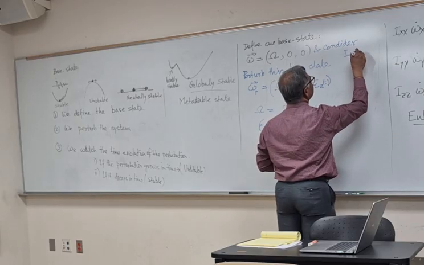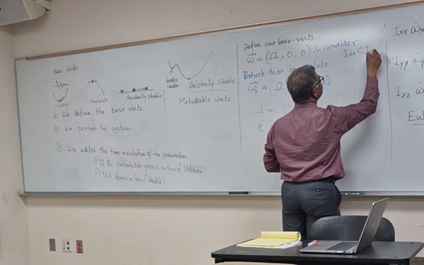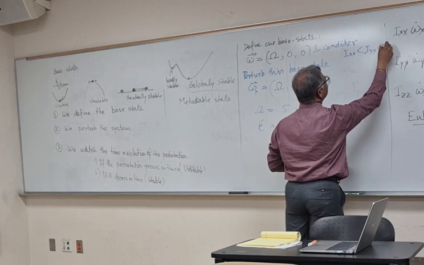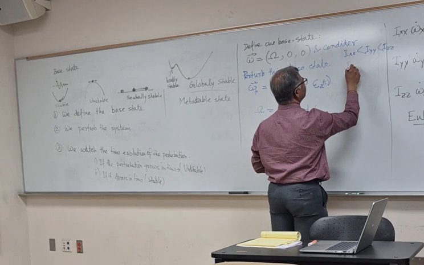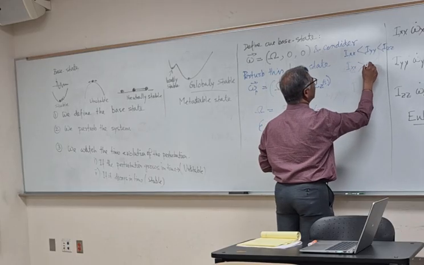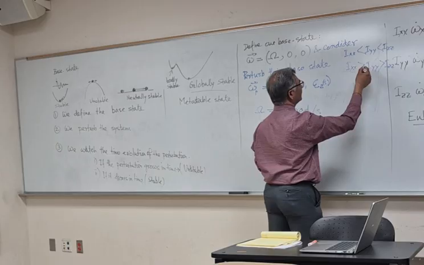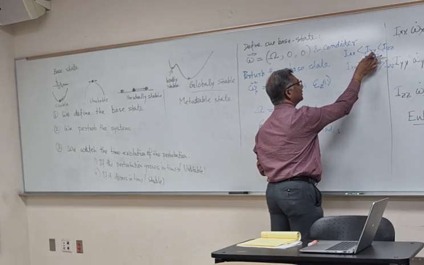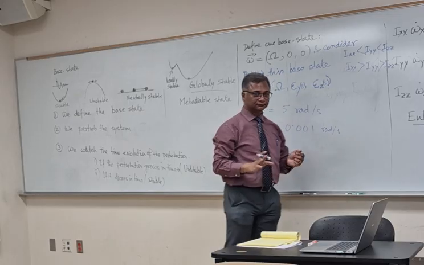Ixx is less than Iyy and less than Izz, or the opposite, Ixx is greater than Iyy greater than Izz, both cases where one moment of inertia is in the middle between the two.